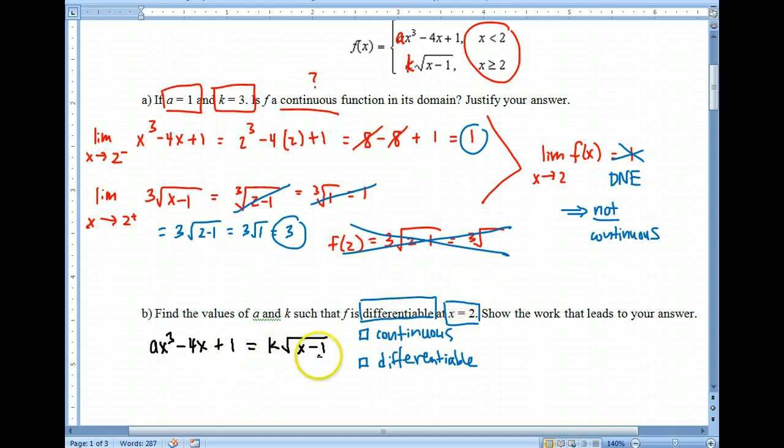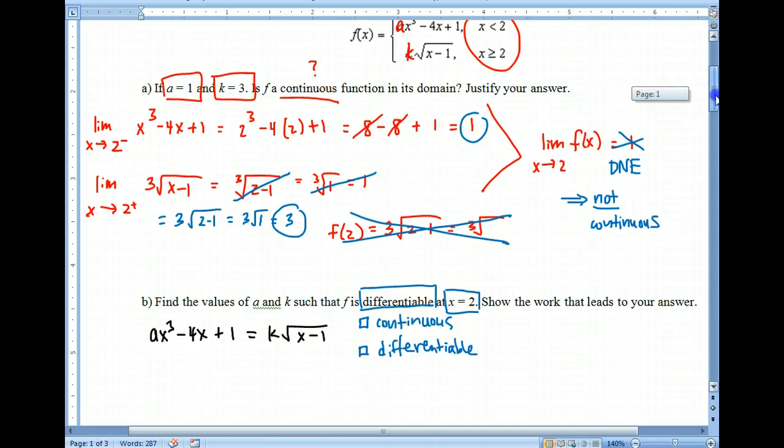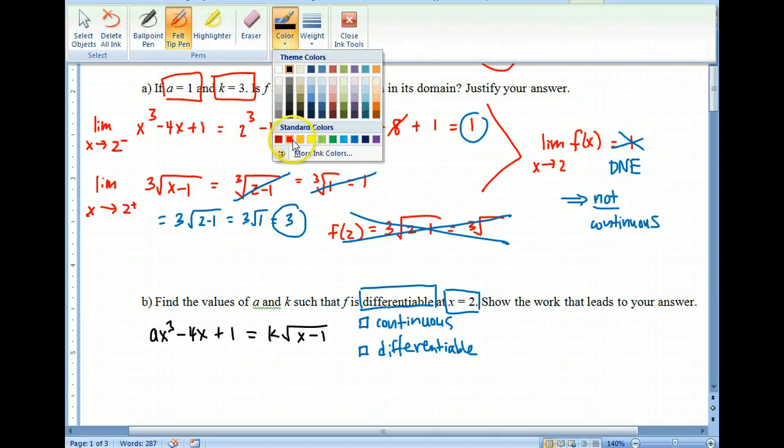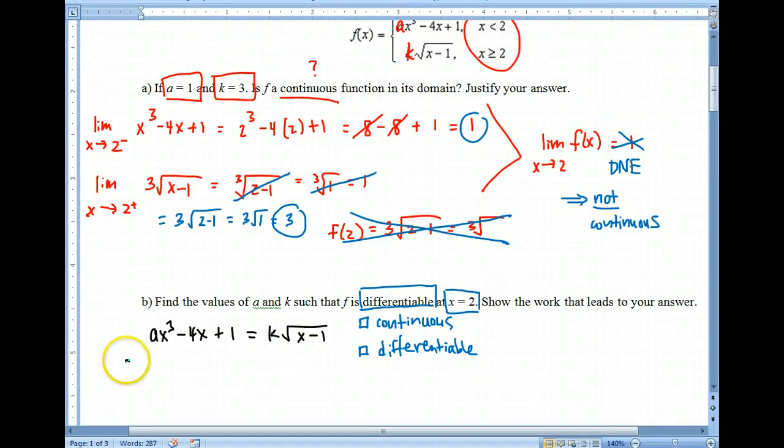Okay, does that make sense? We want the pieces of the function to equal each other. But where do we want them to equal each other? At x equals 2. So x equals 2, it's going to look like this: a times 2 cubed minus 4 times 2 plus 1.